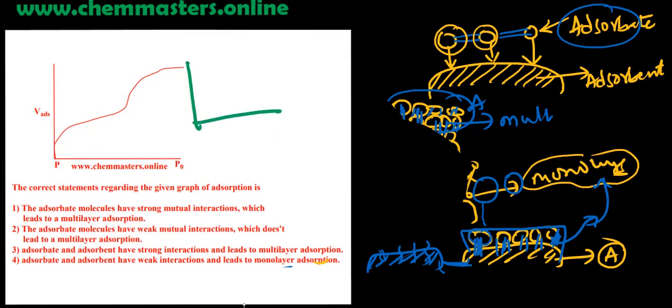Now a further graph can also be expected. For example, if adsorption starts very slowly and becomes very rapid after some time, this kind of graph indicates an autocatalytic adsorption process.